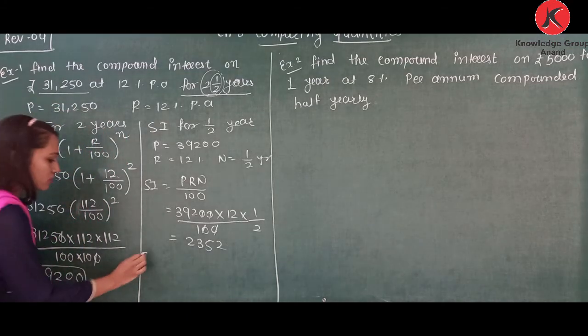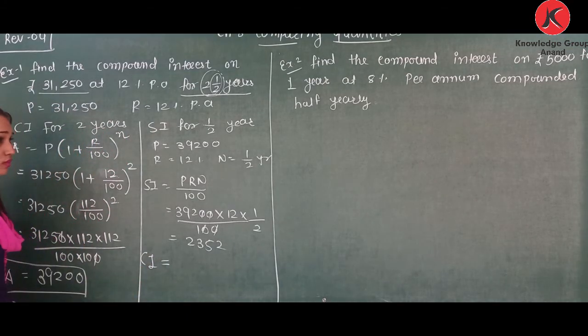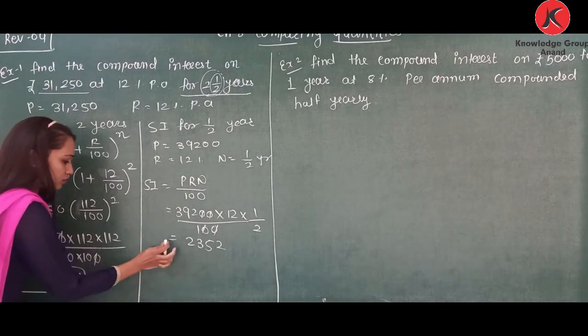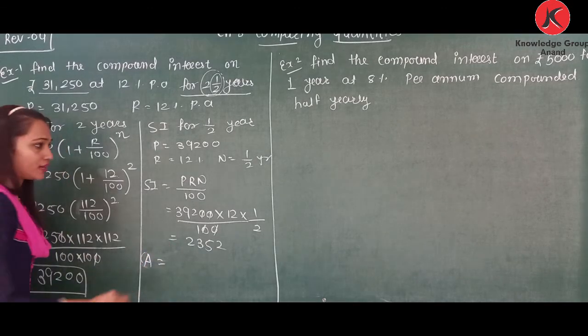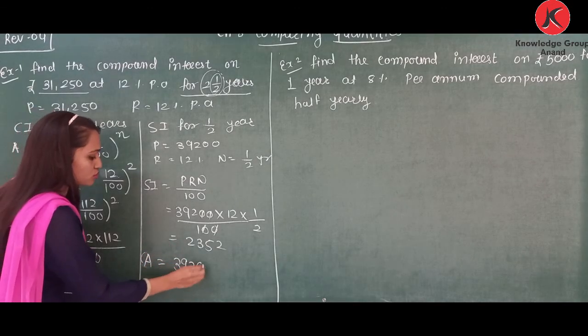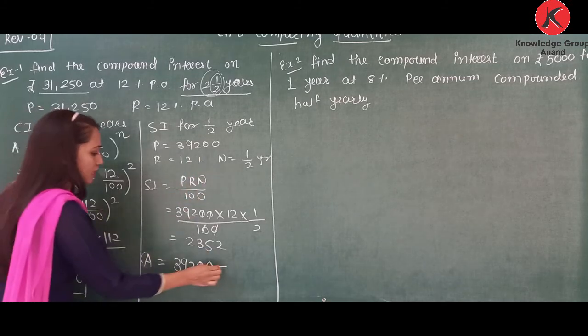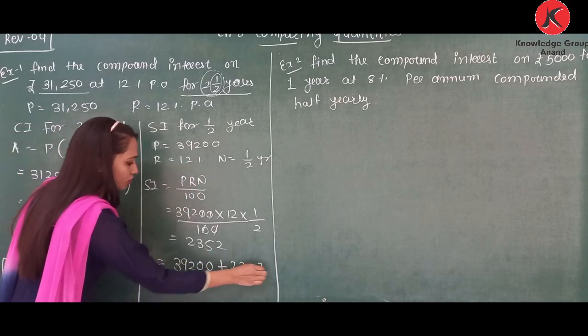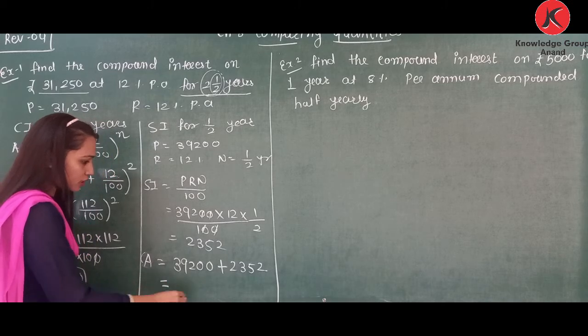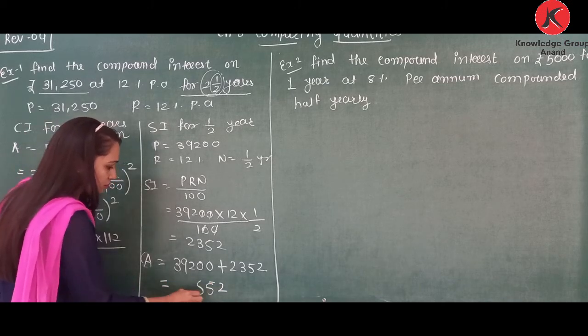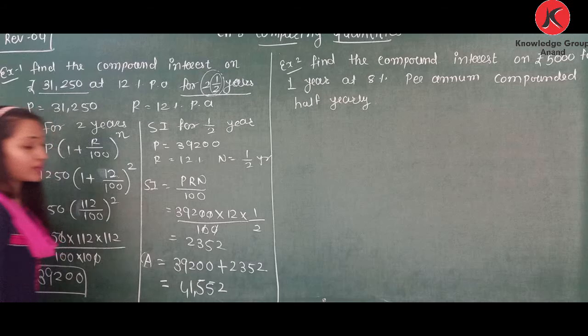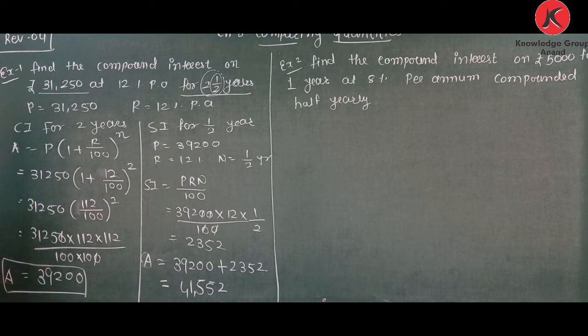So if you want to find the amount, that will be 39200 plus 2352. So after 2.5 years, he needs to pay 41,552. So if you want to find compound interest, subtract 41,552 minus 31,250.